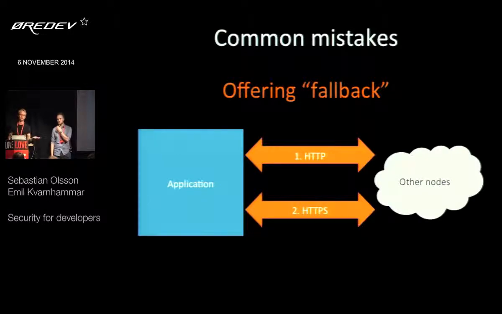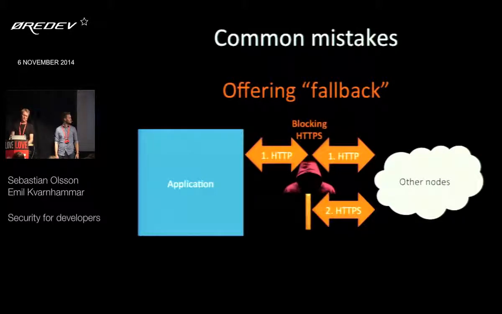And by doing so, you could extract secret data. Also, if you have a fallback in general from HTTPS to HTTP, it's easy for the attacker to block all the traffic going to port 443, for instance. That would make all the clients go to HTTP port 80 instead.